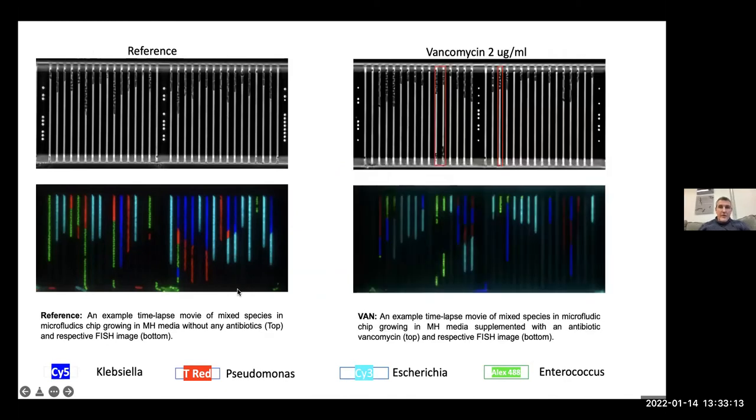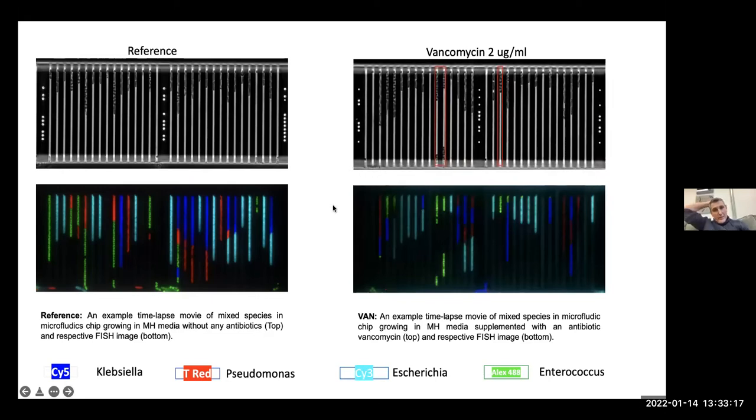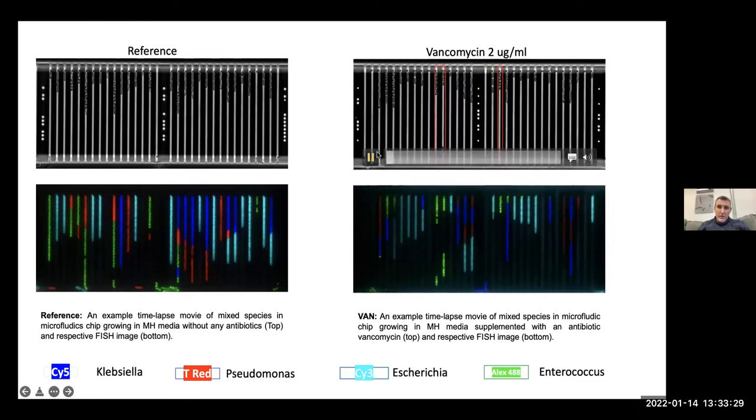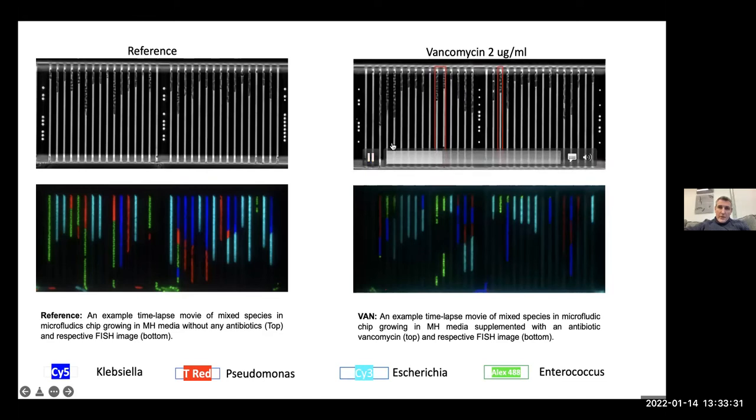If we then treat with an antibiotic, in this case vancomycin, you can see that only the enterococci die, stop growing. So the gram positive stops growing. The ones that are green here are enterococci, and they're not growing up here.